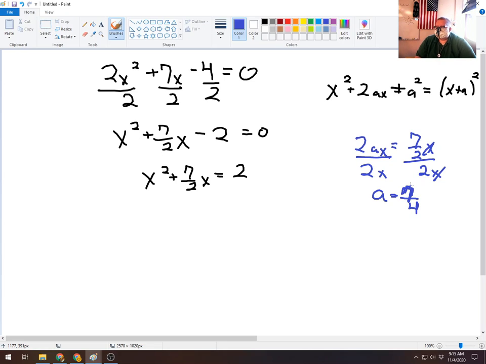All right, so that's what a is. Then the last step I need to do is add a squared to both sides. So a squared in this case would be 7 squared over 4 squared, 49 over 16.